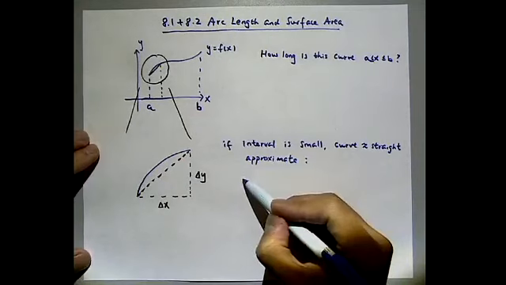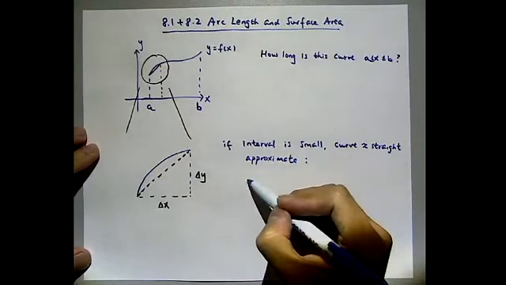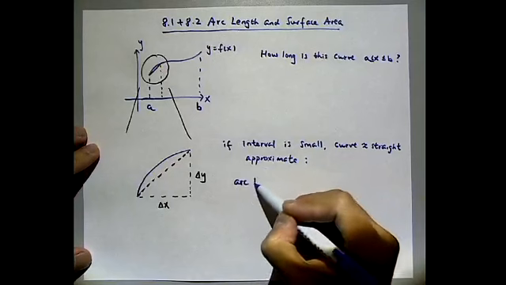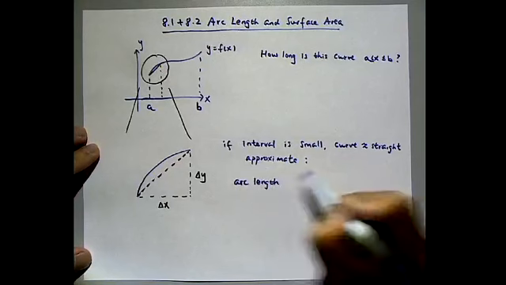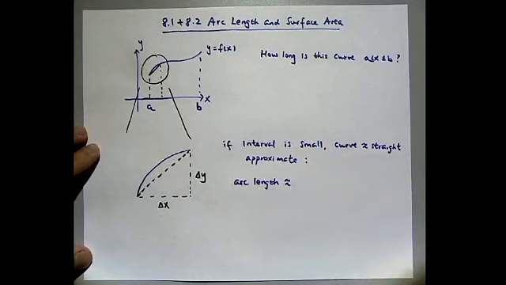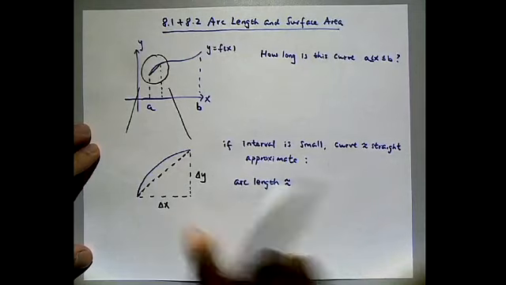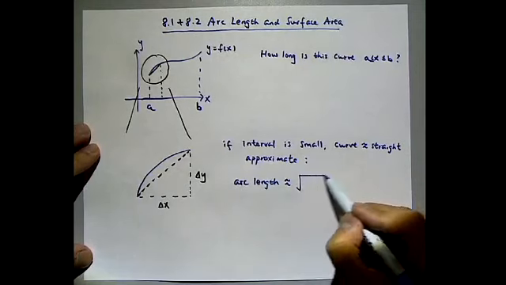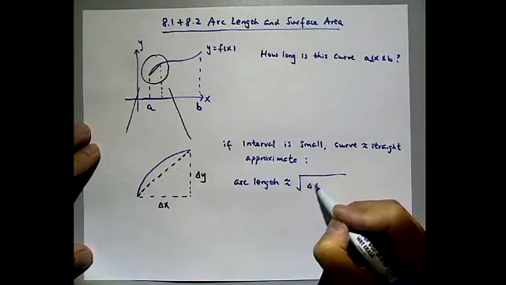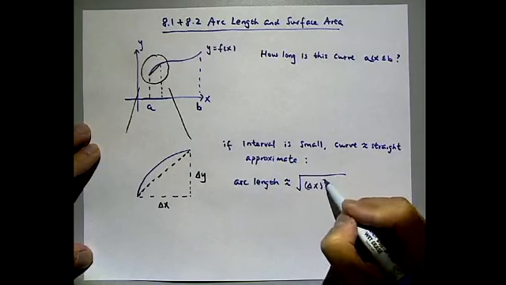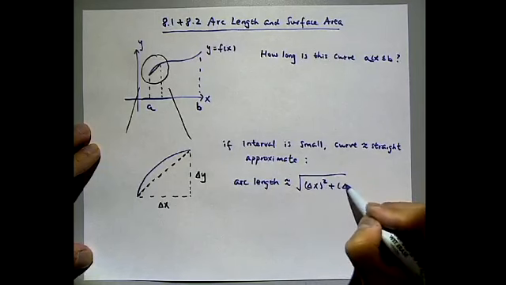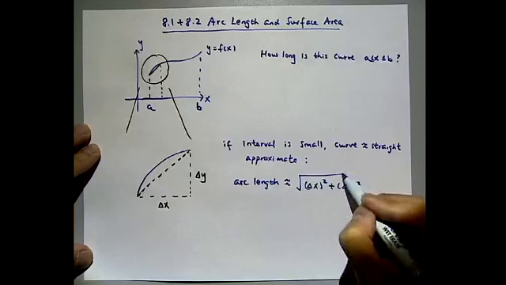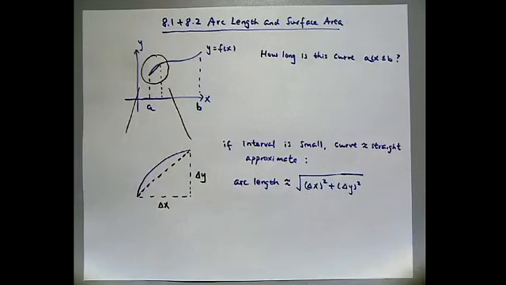So the arc length right there is roughly equal to the square root of delta x squared plus delta y squared. Right?